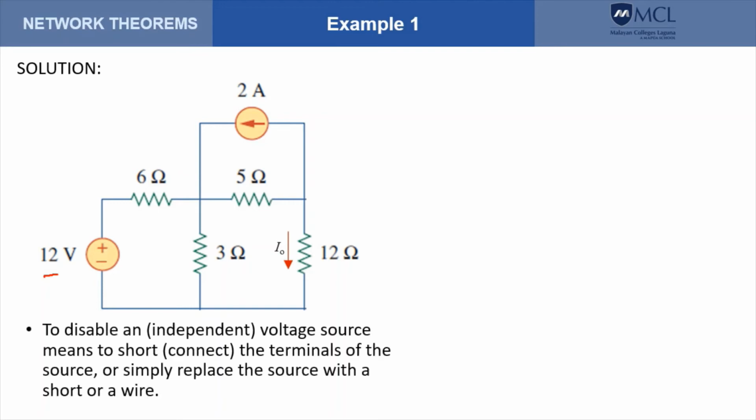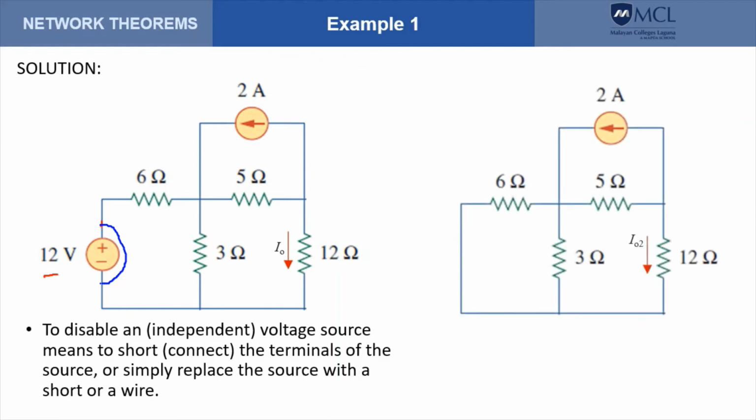Disabling a voltage source means that we need to short out the terminals of the voltage source, or that simply means that we replace the source by a short circuit or a wire. And that will give us a circuit that would look like that. So the current now through the 12 ohms will be the current due only to the 2 amperes.